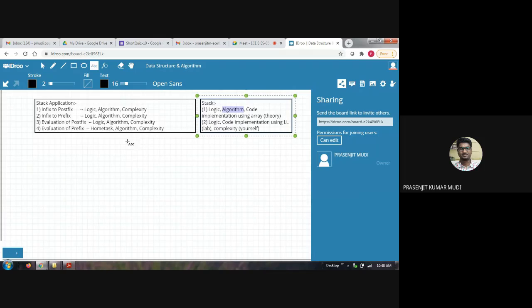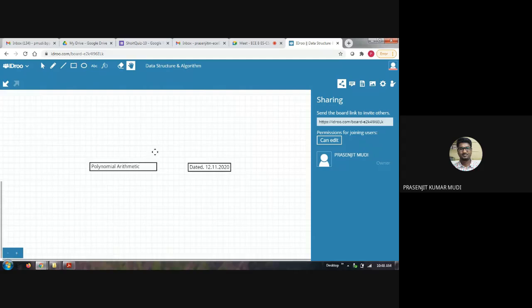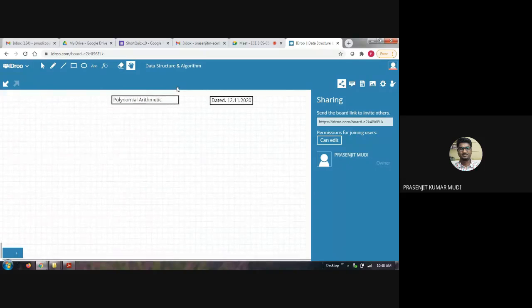So today we are going to study a different topic, which is polynomial arithmetic. This is an application of single linked list.